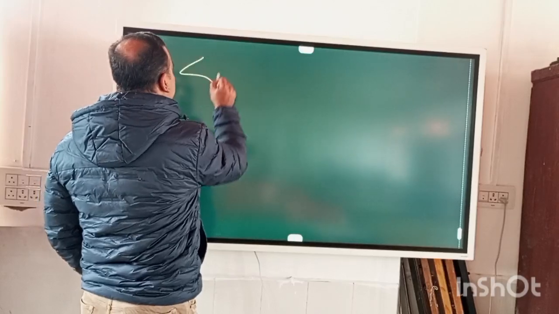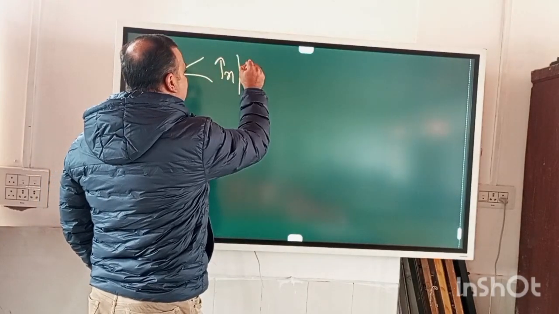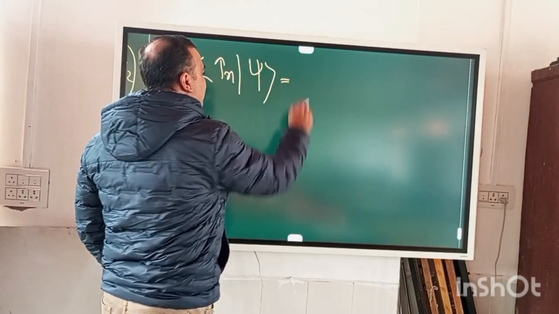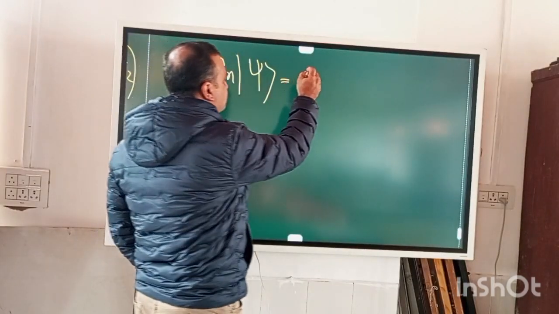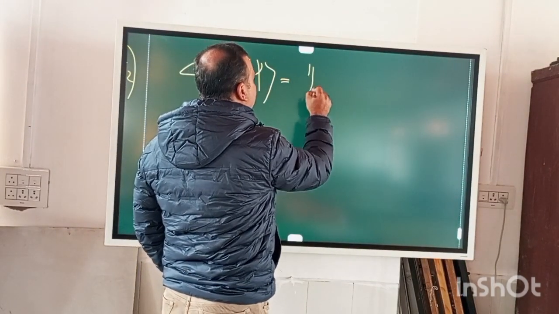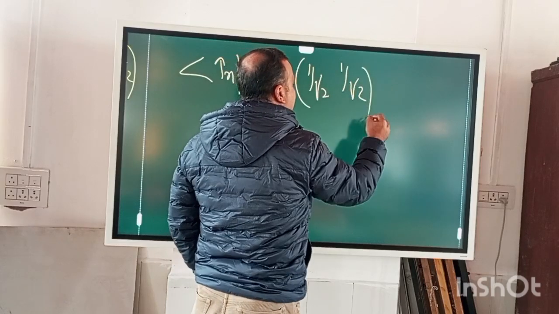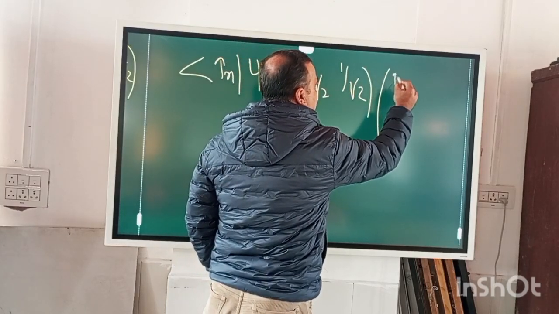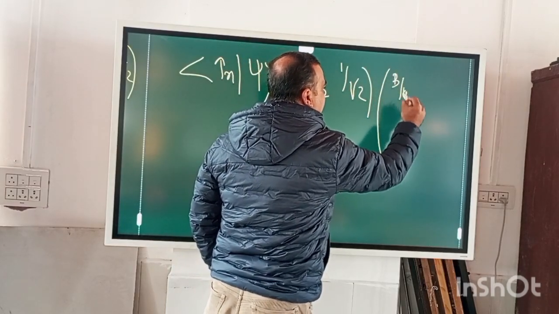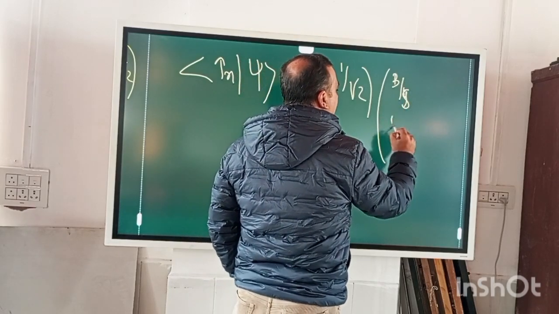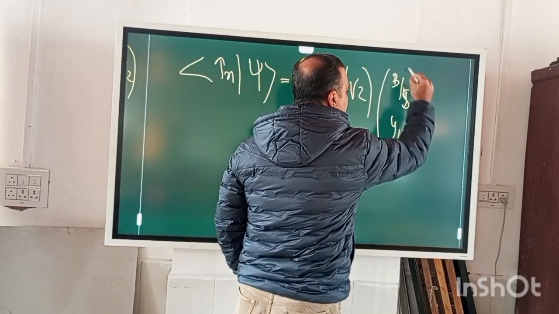On calculating this, what we'll get is spin up and psi. Let me repeat it: this is 1 by root 2, this is 1 by root 2, and this is 3 by 5 and 4 by 5 i.